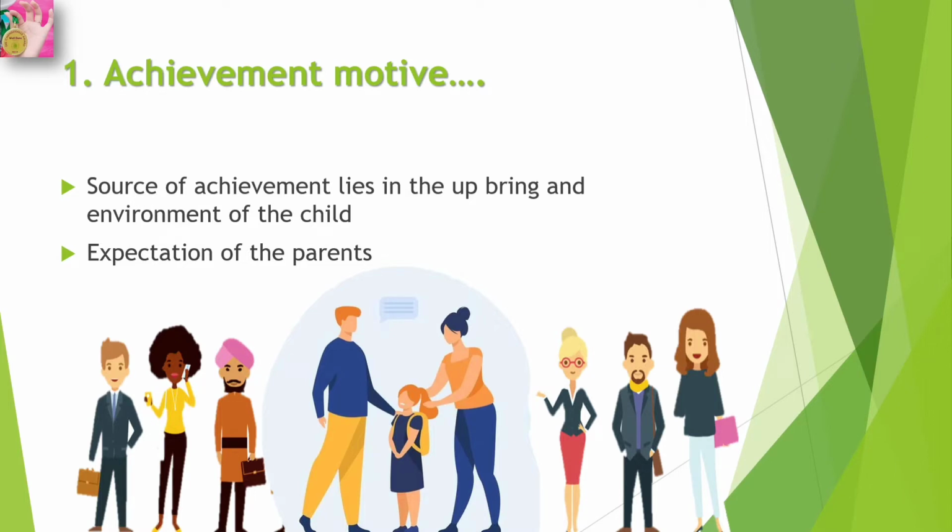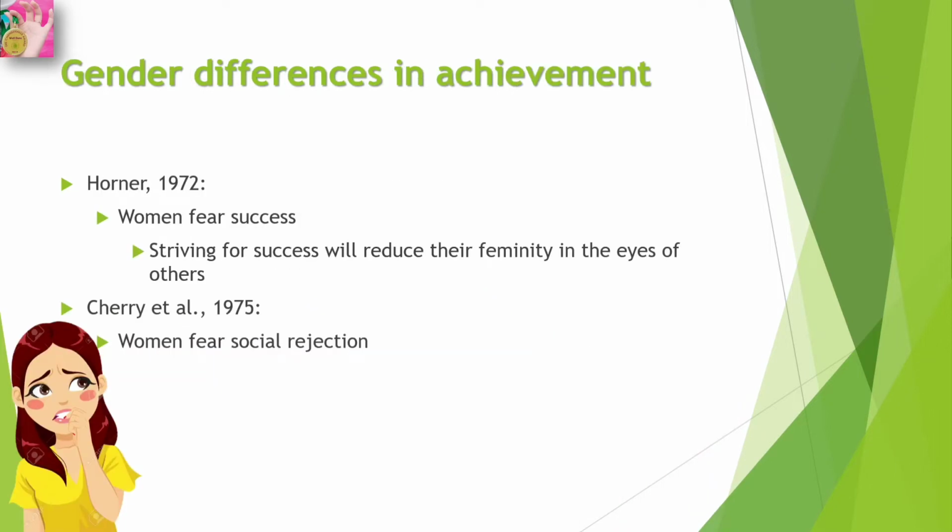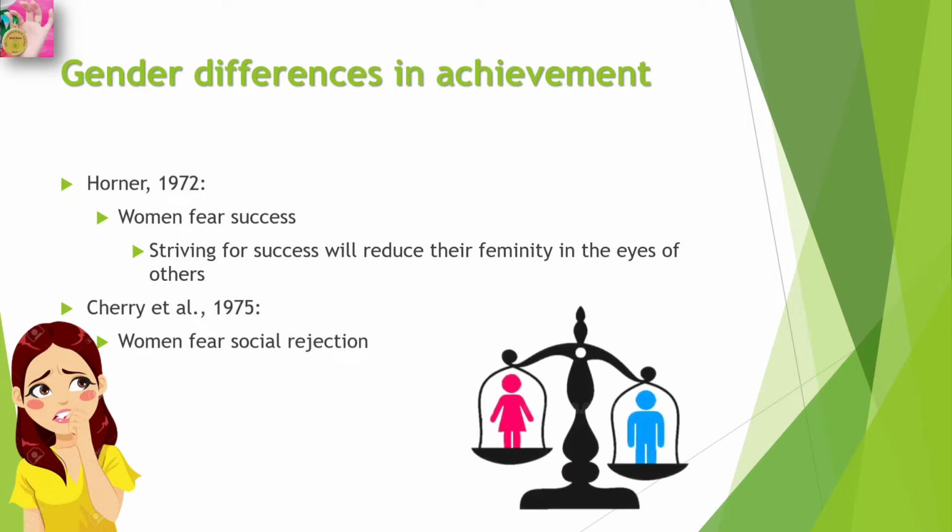achievement-directed behavior. The gender differences in achievement were studied by Horner in 1972, who suggested that women actually fear success, because they realized that striving for achievement could reduce their femininity in the eyes of others. But later studies by Cherry et al. in 1975 indicate that it is not fear of success in women, but fear of social rejection that makes them low achievers.